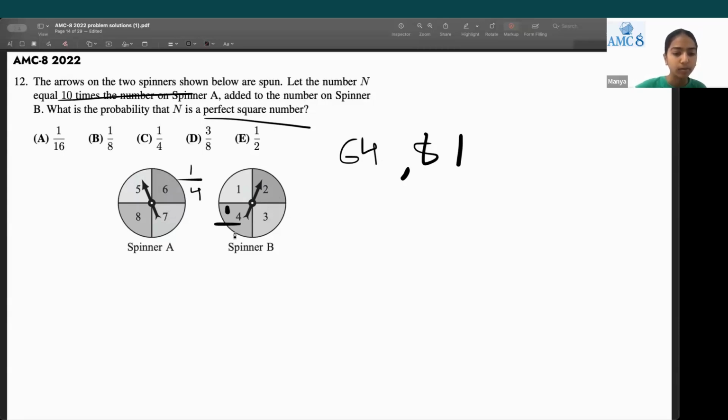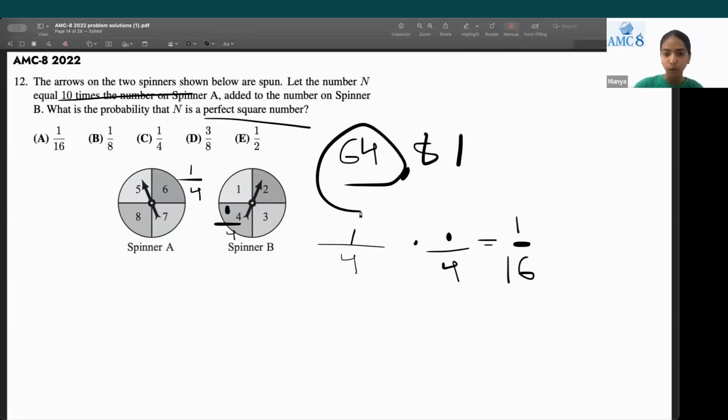If we multiply both of these together, because we need the total probability of getting 64, we get 1/4 times 1/4. We can just multiply the numerators and the denominators, and we're going to be getting 1/16. So that's the probability for 64.